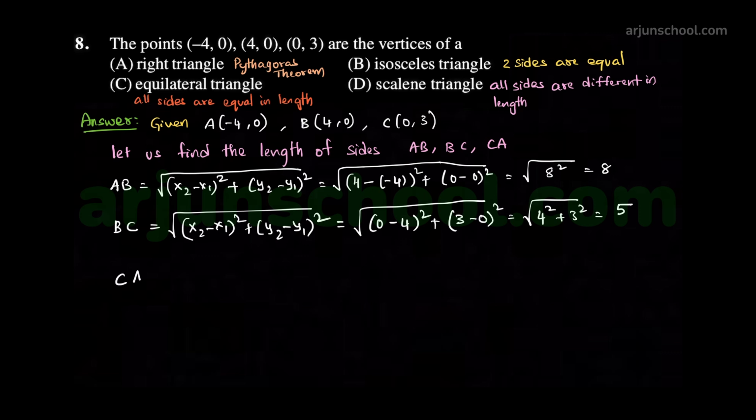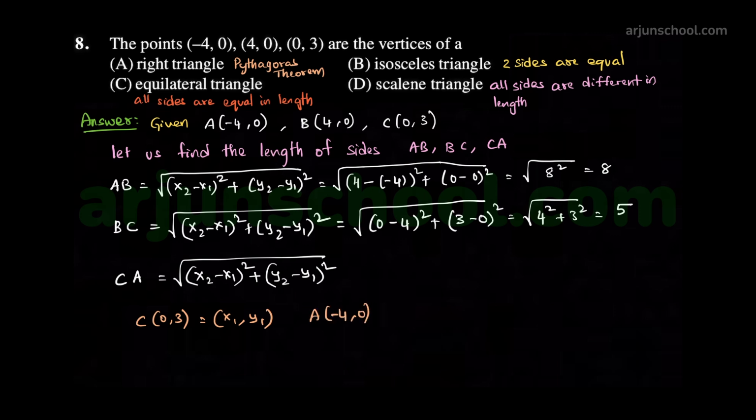Now let us find the length of side CA, which is equal to root over (x2 minus x1) whole square plus (y2 minus y1) whole square. Here the point C(0, 3) is (x1, y1) and the point A(-4, 0) is (x2, y2).